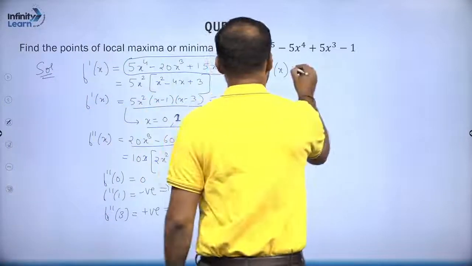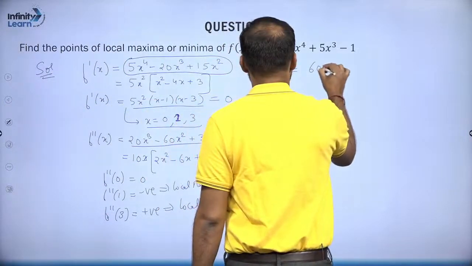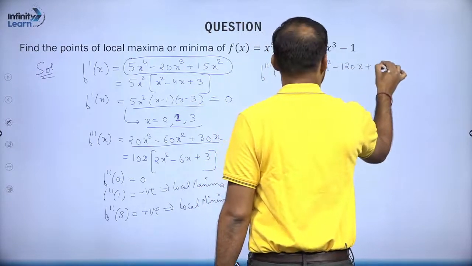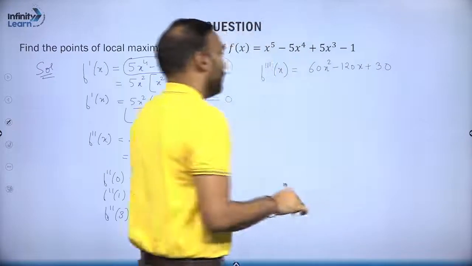So f triple dash x would be how much? 60x square minus 120x plus 30, right?